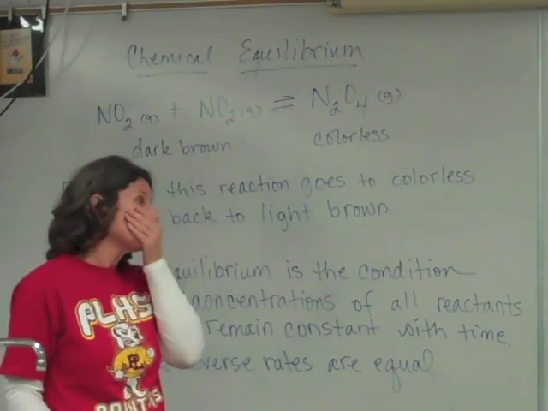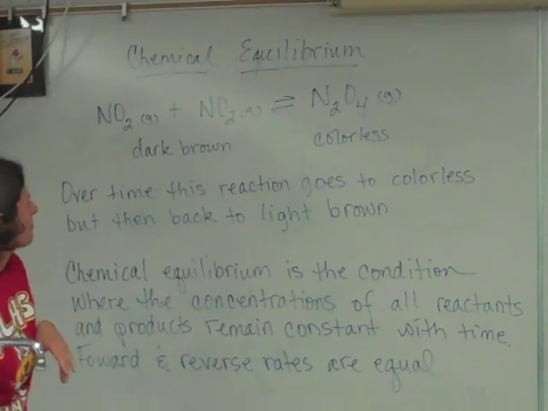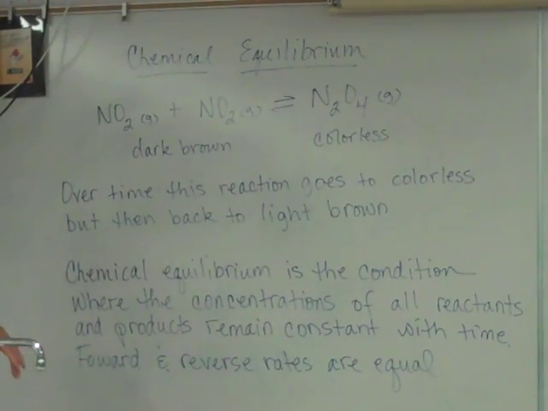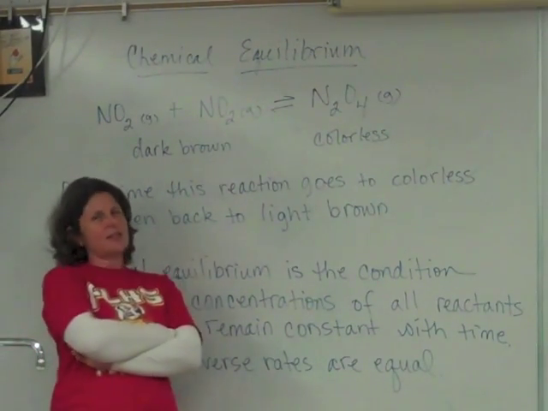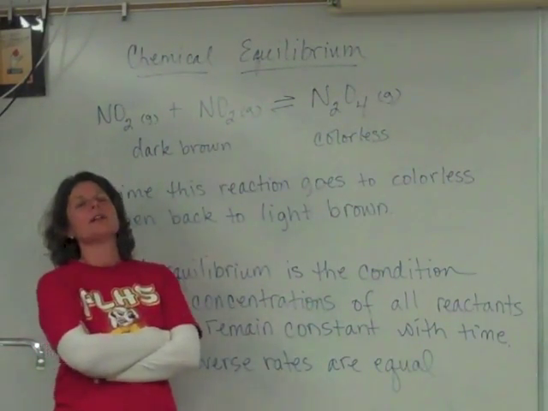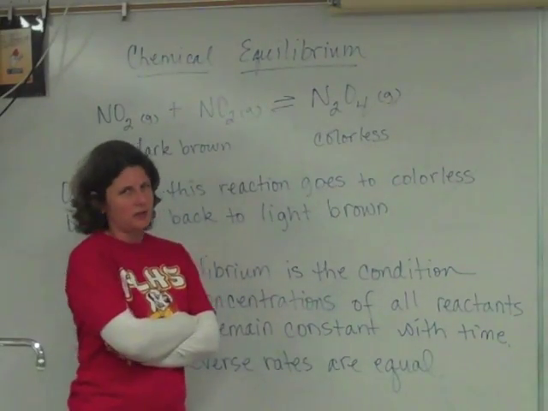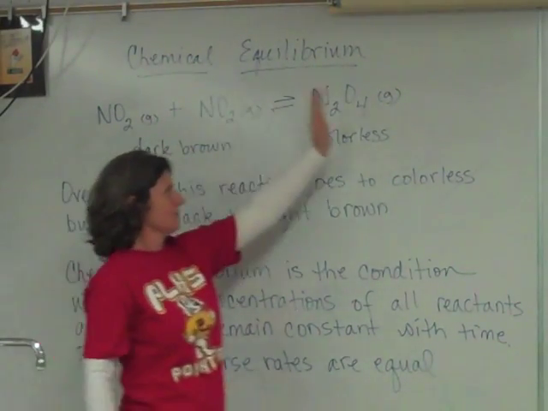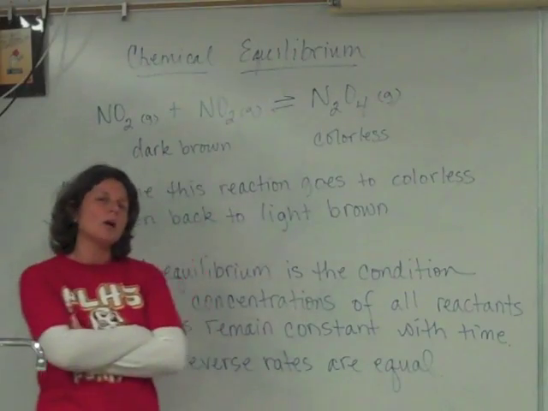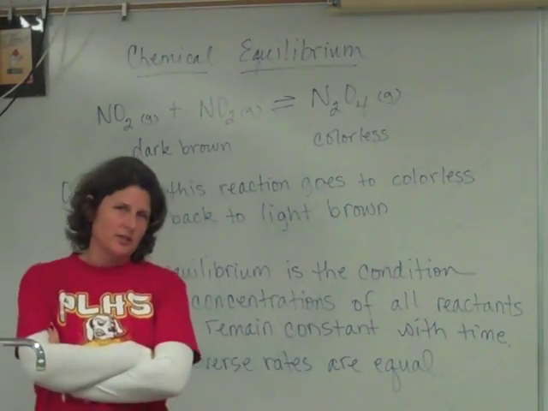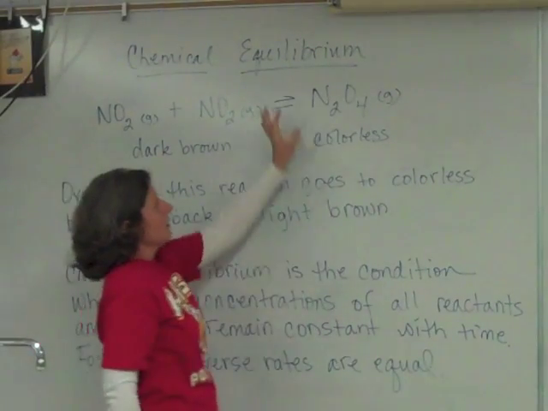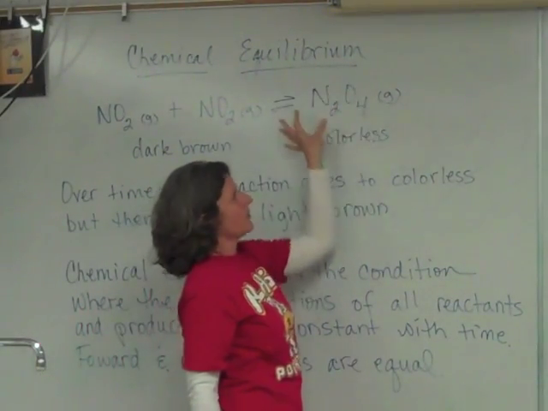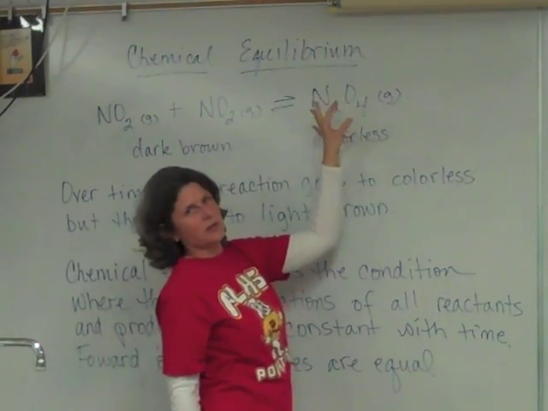Now, if we say, and I'm going to write this down in a minute, that equilibrium lies to the right, that means that once the reaction reaches equilibrium, it's going to favor lots of product.